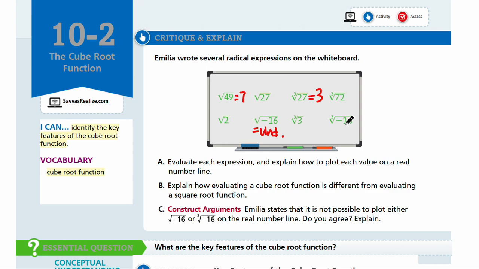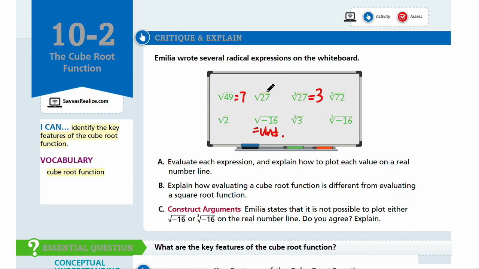So how could we plot each value on a real number line? In pre-algebra, we learned how to estimate these roots using the perfect cubes and the perfect squares. So here, we're going to compare the perfect squares.